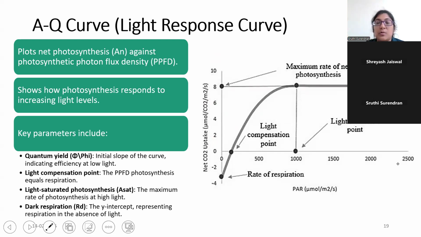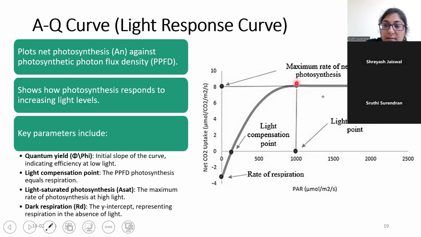Instead, the photons are absorbed, and how many photons are being absorbed by the leaf versus net carbon dioxide uptake is what the AQ curve is giving us. Now, similar to the ACI curve, the AQ curve also gives us a lot of information about the photosynthetic rate.